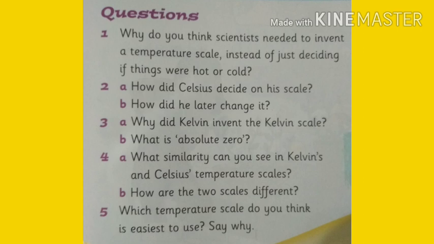Now the third question. Why did Kelvin invent the Kelvin scale? And the second question is, what is absolute zero? Now let us discuss the first question. Why did Kelvin invent the Kelvin scale?